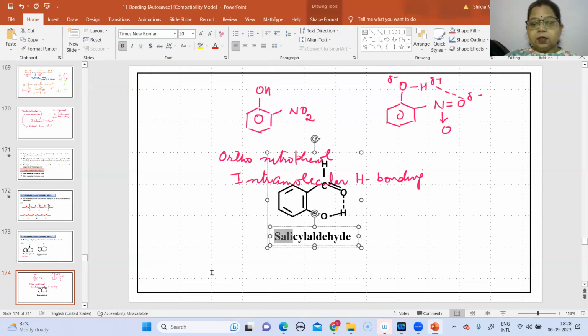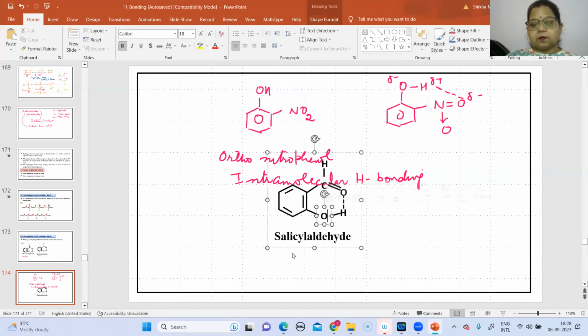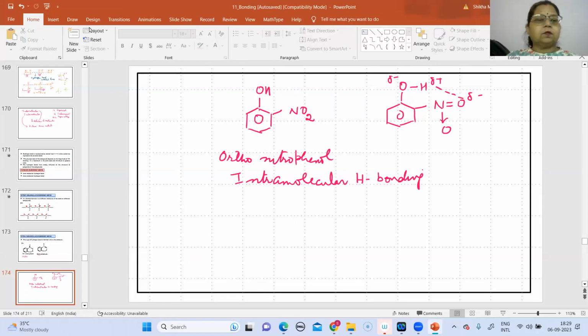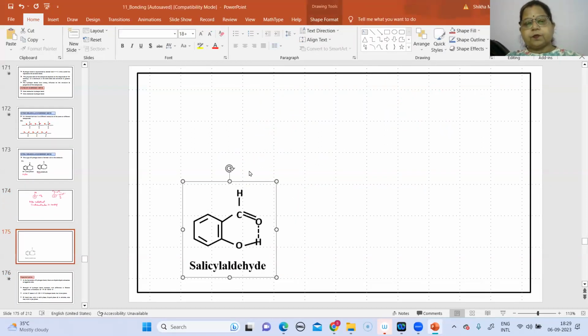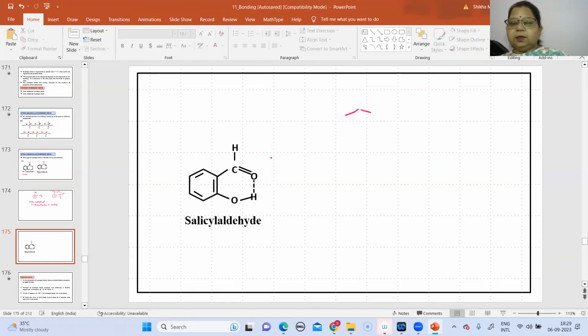Now let's see how it is drawn. In this case, let's put it on a new slide. The simplified structure of this compound can be, this has got COOH. This one is a carboxylic group. You can go back to your class 10th and recall, this is a carboxylic group, right? And this is OH.